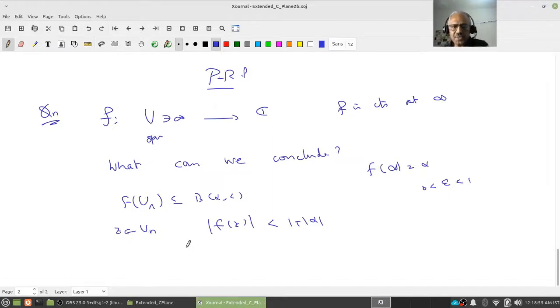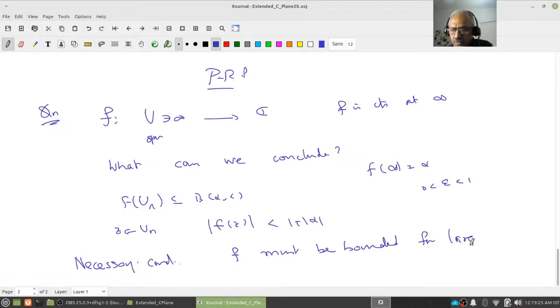If I have a function f defined on an open neighborhood of infinity to C, and if it is continuous at infinity, then f should be bounded for large values of z.